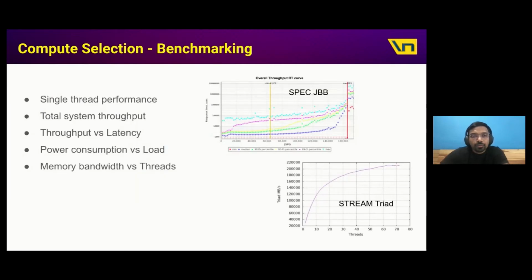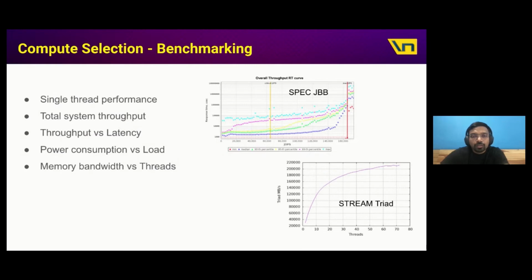Now let's see what we do to compare different CPUs in terms of performance. We measure the single thread performance and overall system throughput. We use the SPEC CPU benchmark suite and determine how it will work for both single and multi-threaded applications. We measure the throughput versus latency curve, like the SPECjbb result we have shown here.